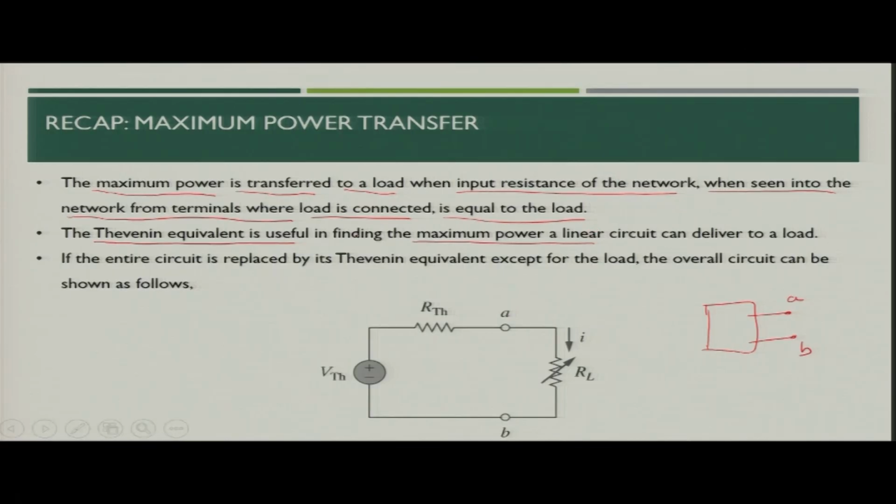The Thevenin equivalent is very useful in finding the maximum power a linear circuit can deliver to the load, and the entire circuit is replaced by the Thevenin equivalent except for the load. The overall circuit is shown in the figure.